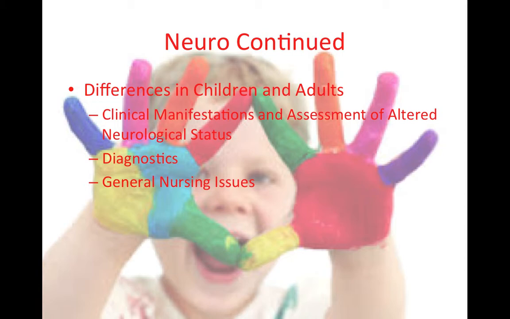You then want to look at the clinical manifestations and assessment of altered neurological status when we're looking at a child. Diagnostics and general nursing issues need to be reviewed.